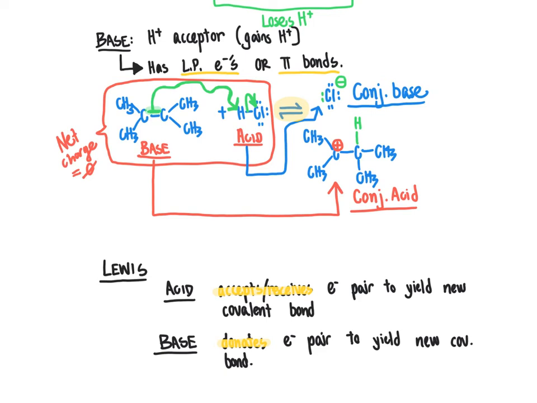You can see that arrowhead from the alkene coming over and attacking that proton, meaning that proton is receiving a pair of electrons from the alkene. On the other hand, the base, the alkene, is donating that pair of electrons, and it's going to obtain a new covalent bond as a result. The covalent bond is going to go to the proton in that case.